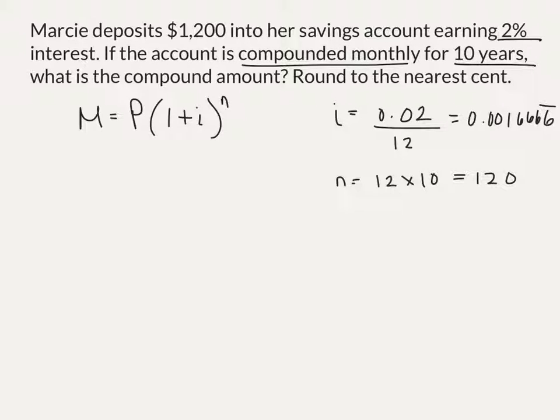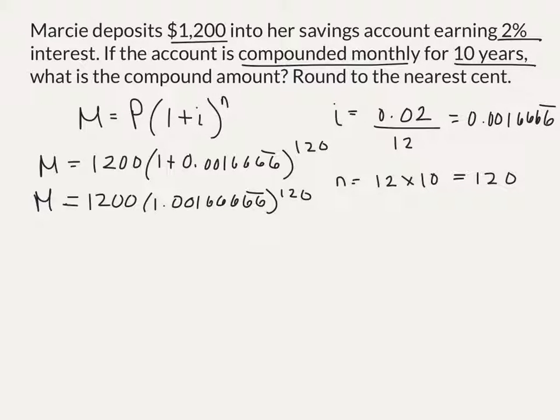Next, we'll substitute those values into the formula to solve for M. P is 1,200, and then I was that 0.00166666, repeating, and N is 120. First, you'll add the numbers in parentheses.